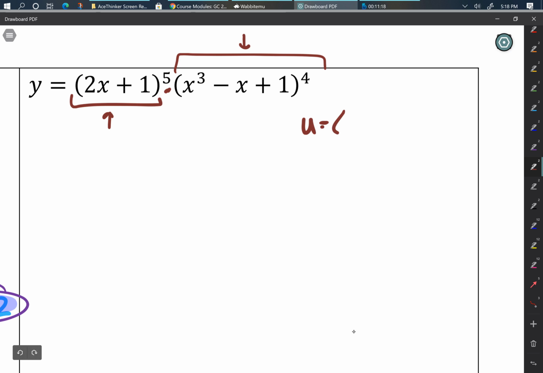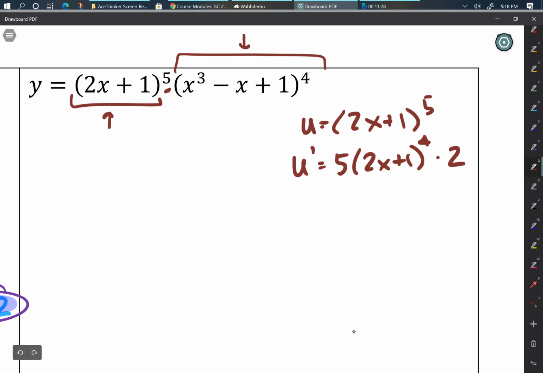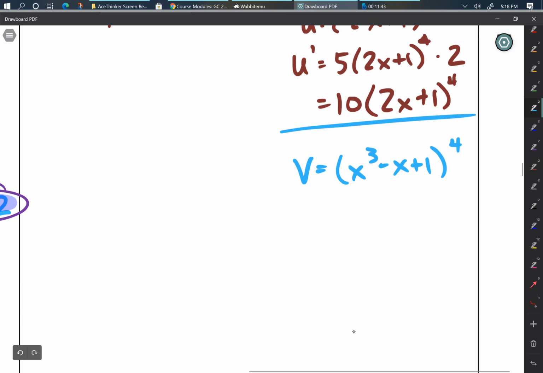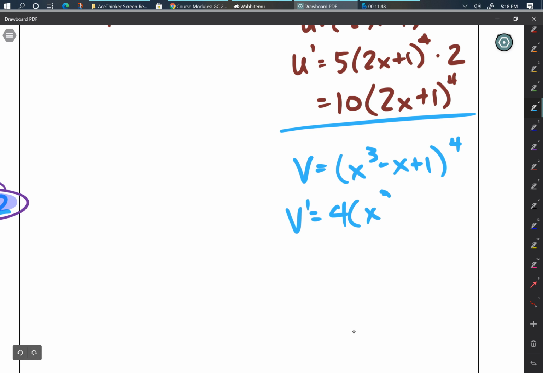So if u is (2x plus 1) to the 5th, then u prime is going to be 5 times (2x plus 1) to the 4th times 2, or 10 times (2x plus 1) to the 4th. Okay. If v, the second, is (x cubed minus x plus 1) to the 4th, then v prime is going to be 4 times (x cubed minus x plus 1) to the 3rd times (3x squared minus 1).